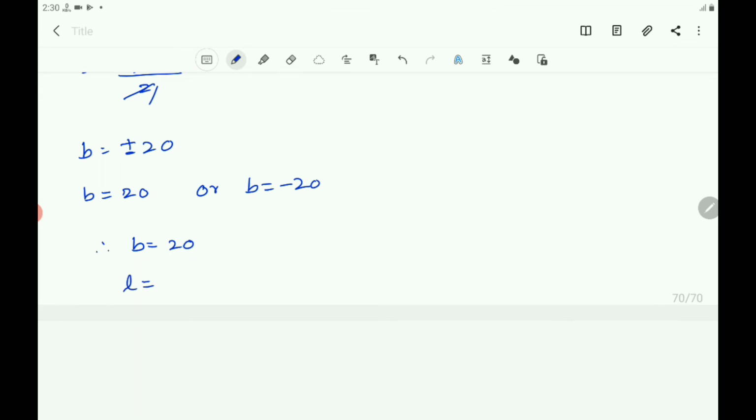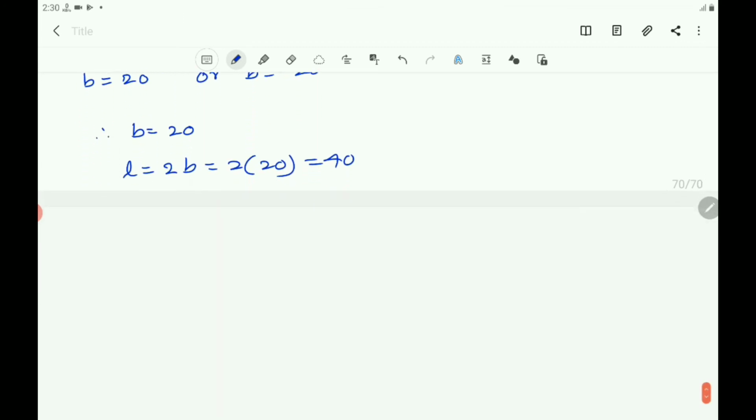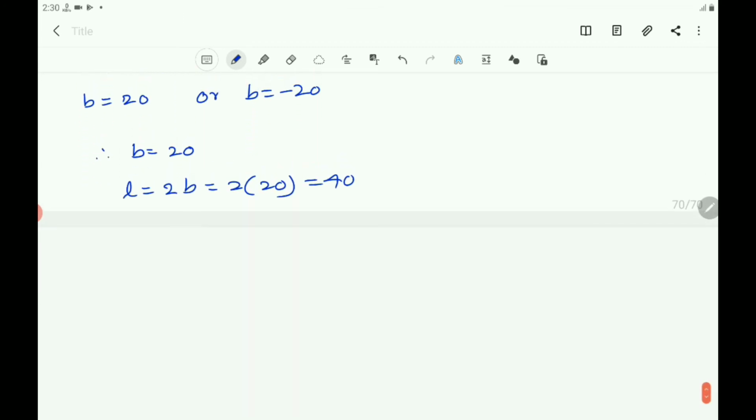Then L equals, you know that, twice of breadth. L is the twice of breadth, that is 2b. So 2 into 20 equals 40. Then length and breadth are 40 and 20 meters. So you take b is 20 meter, L is 40 meter.